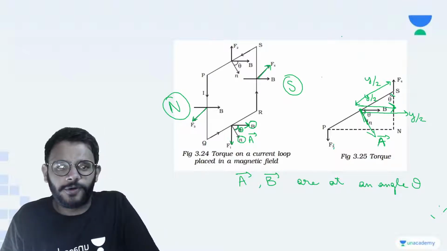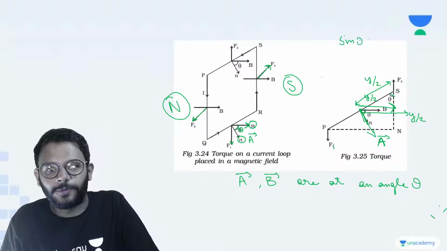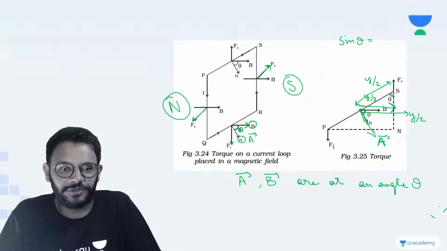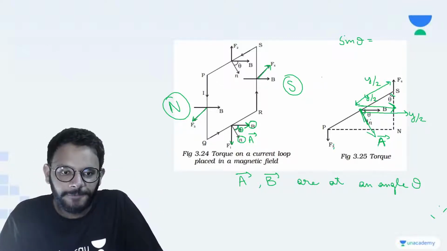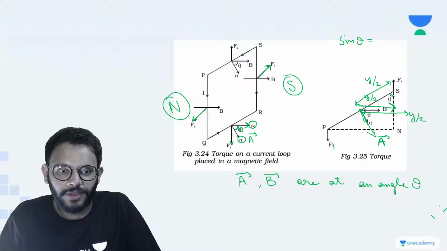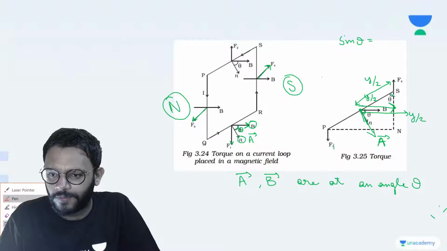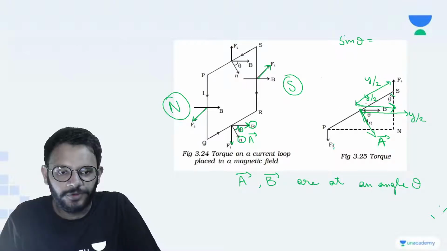And I know that sine of theta is opposite upon hypotenuse. So the opposite side is this side, which is my required side, right?